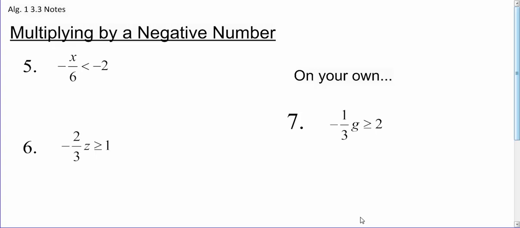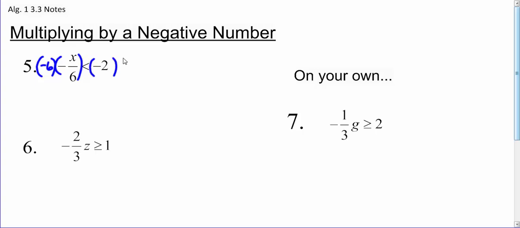Alright, speaking of switching inequalities, there are times when we work with inequalities that we do have to switch that symbol. That happens anytime you multiply or divide by a negative number. So here's an example of this, number 5. In order to get x by itself, I need to multiply both sides of the inequality by negative 6.